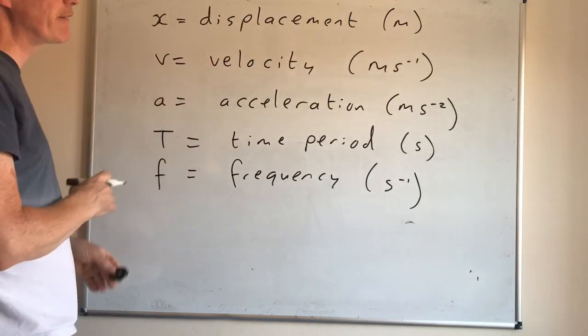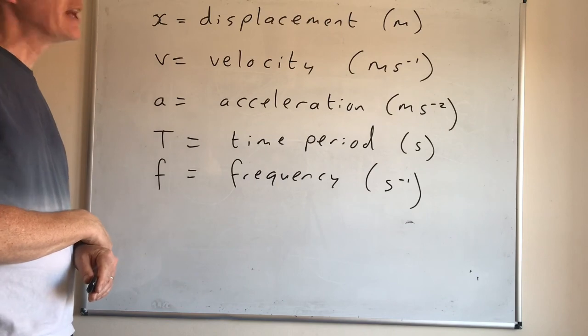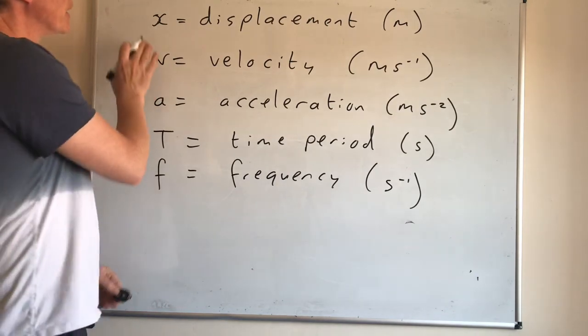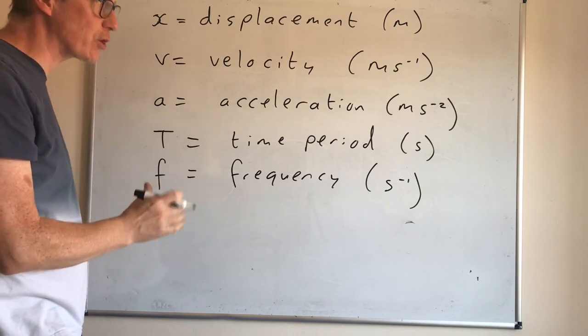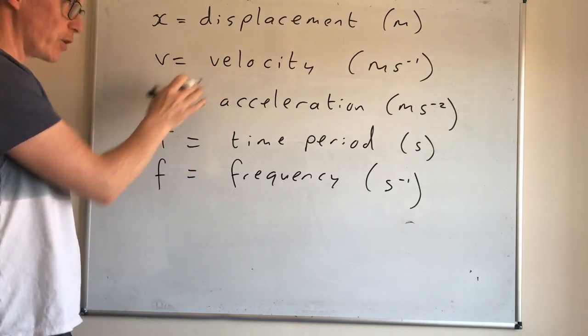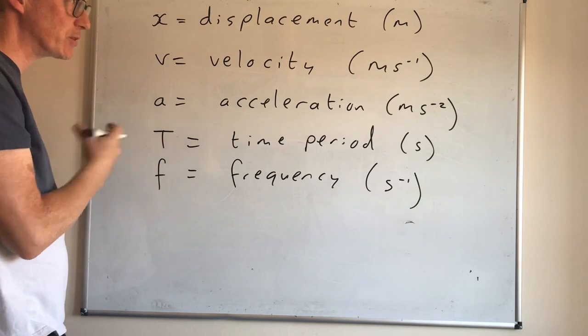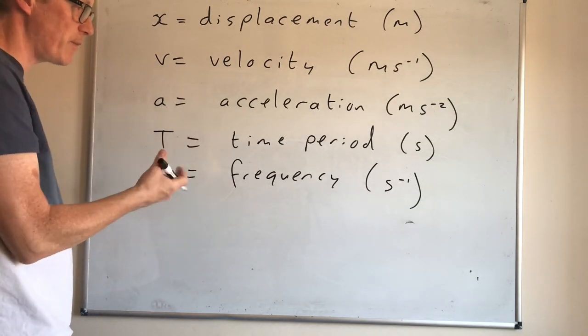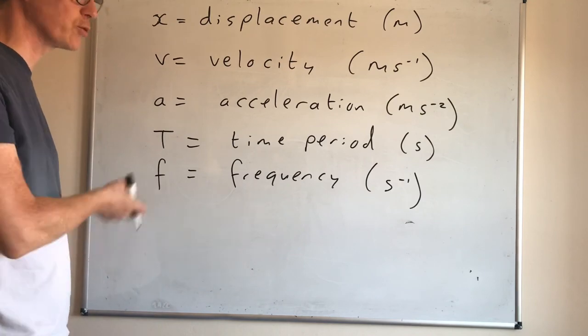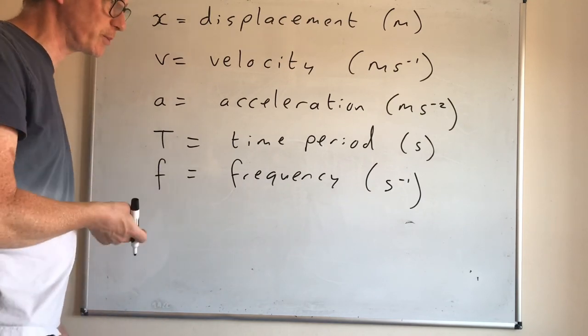So here are the variables that we've seen in the motion of the pendulum. Displacement, how far away you are from the original starting point. The velocity and the acceleration, good old-fashioned physics words. Time period and frequency, which you met when you did your waves topic, and also you'll see in the centripetal motion topic.